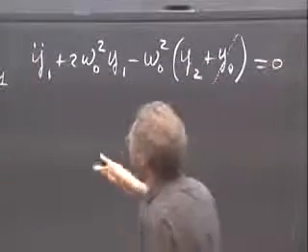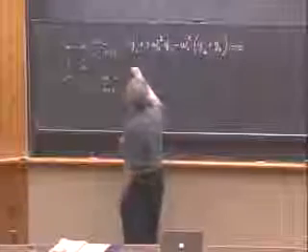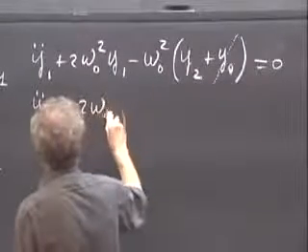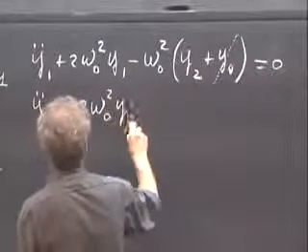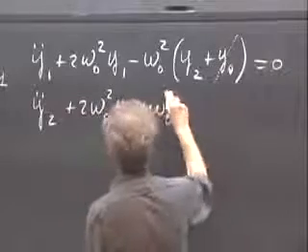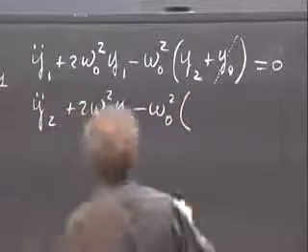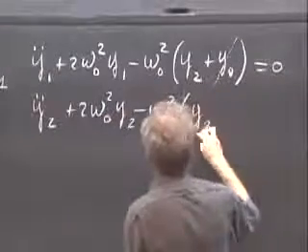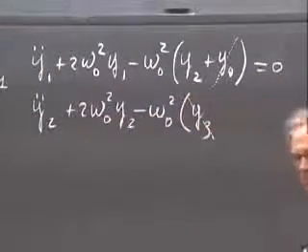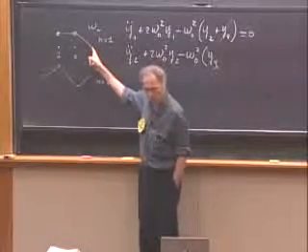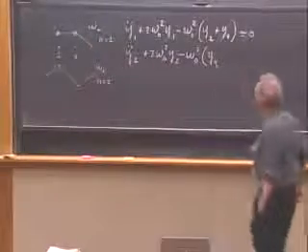Now we go to the second particle, and so we get y2 double dot plus 2 omega 0 squared y2 minus omega 0 squared times y p plus 1, which is number 3, which is y3, which happens to be 0, because y3 is this point, and that's 0, in this specific case with only 2 objects.